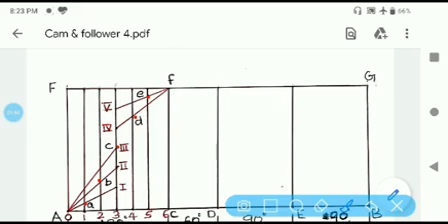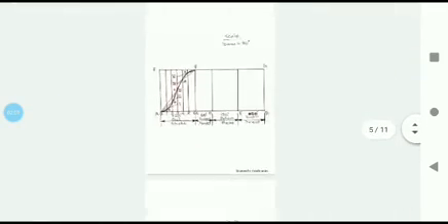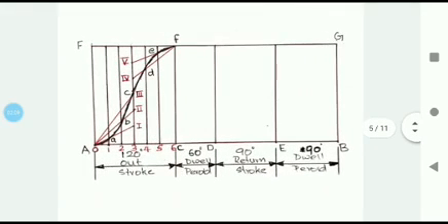After that, you join all these intersecting points smoothly with free hand. So finally you will get this curve. This is the displacement diagram of a follower which undergoes uniform acceleration and retardation.